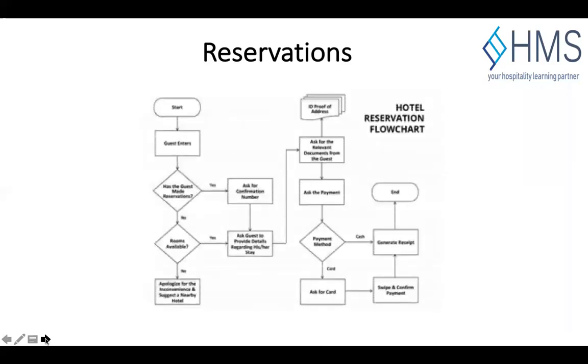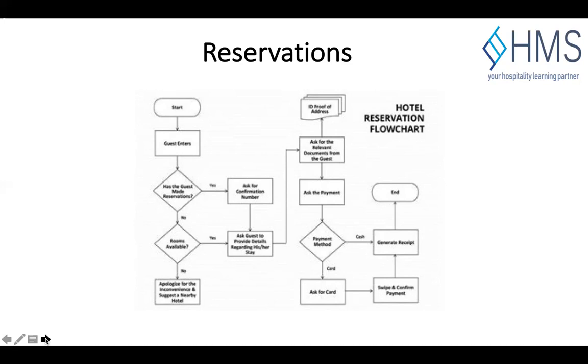Now, this is a typical hotel reservation flowchart. It's important for us to understand that right from the time the guest enters the hotel, if they've made a reservation either through the hotel's website or through other OTAs, then ask for the confirmation number, the reference number, the booking ID, and ask the guest to provide their details regarding their stay, and ask for ID proofs or address proofs.